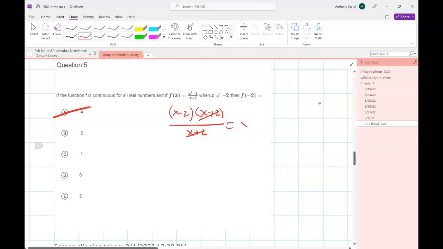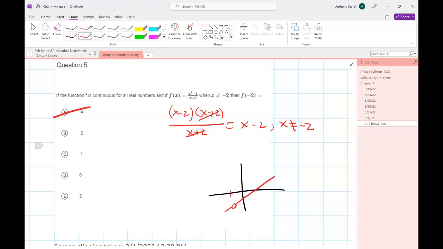So we would say that this just simplifies down to x minus 2 as long as x isn't equal to -2. So if I graph this, you'd have something like this, right?